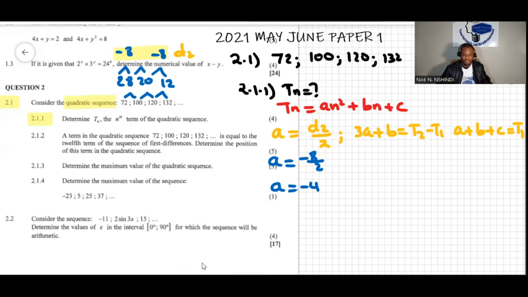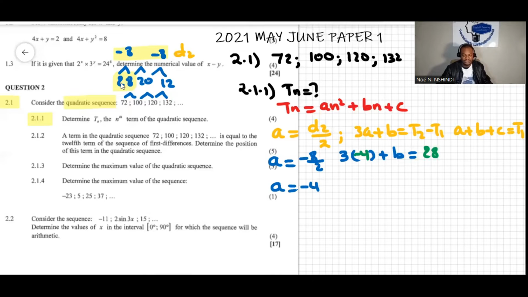Okay. And then we also have here 3A plus B equal to T2 minus T1. T2 minus T1 is the difference, because T2 is 100 and T1 is 72. 100 minus 72 is 28.